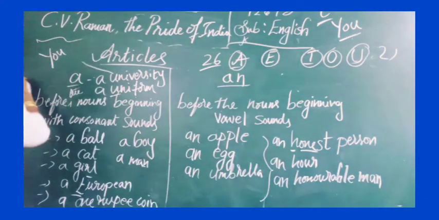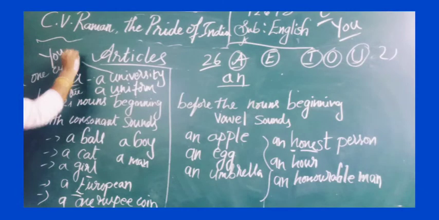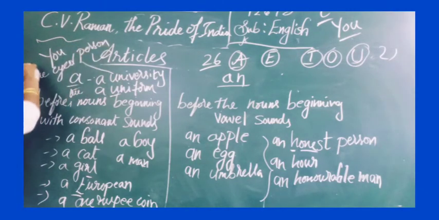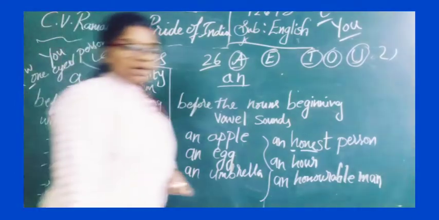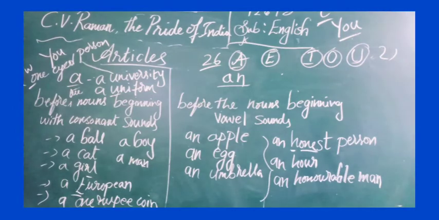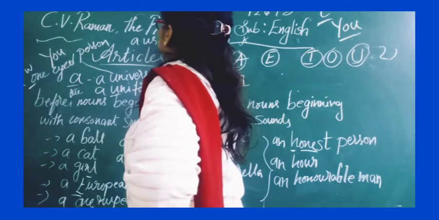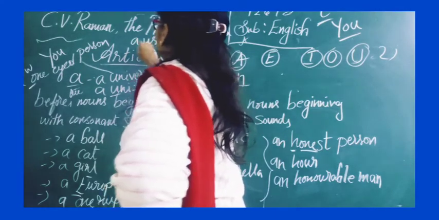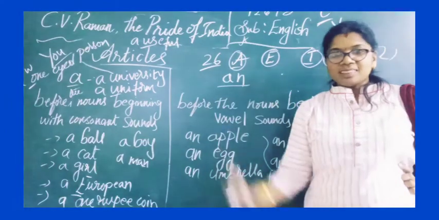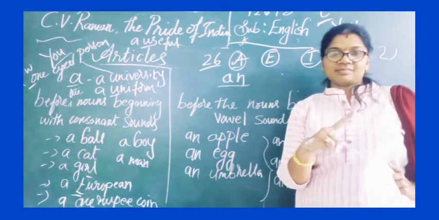See again, one here means W consonant sound. So we should use a. And then a useful animal, not an useful, because you are pronouncing Y-O-U. This is the difference between article a and an.